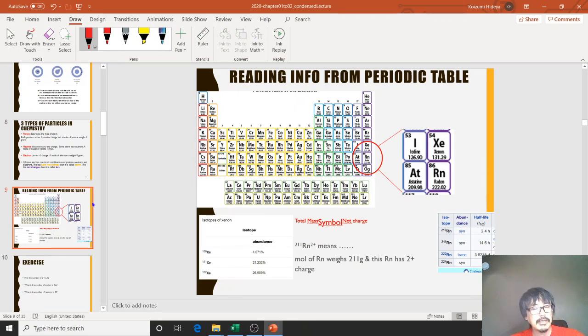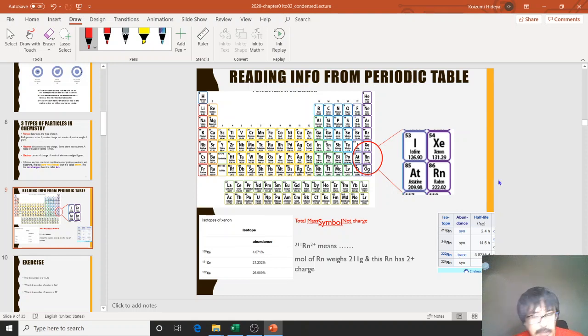So let's just take a look at the periodic table. I am going to get radon, Rn here. And that Rn actually has 3 or maybe 4 different types, called isotopes.